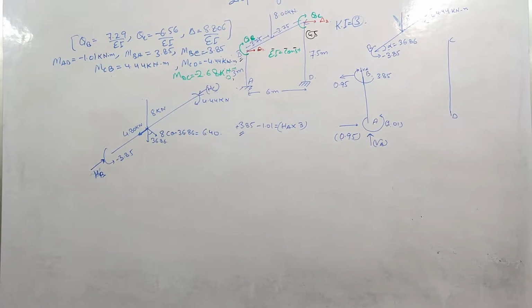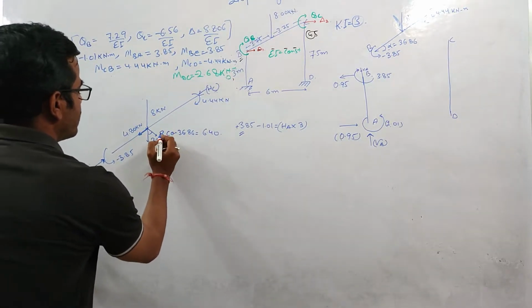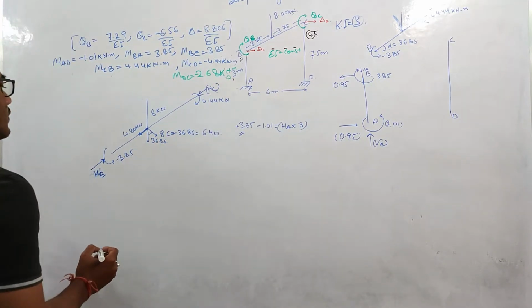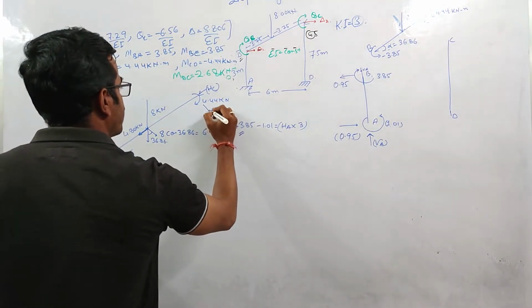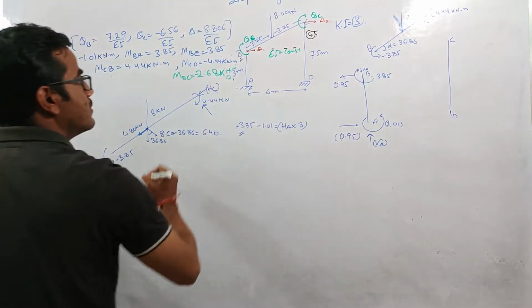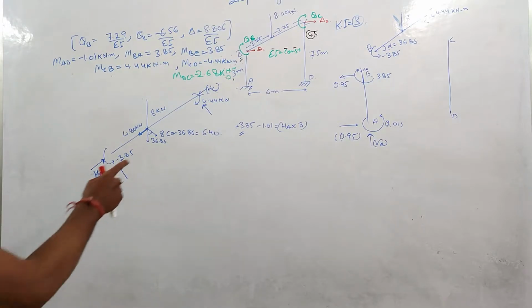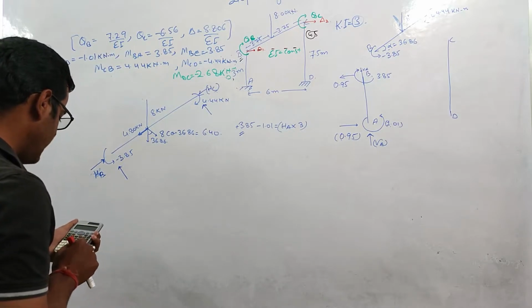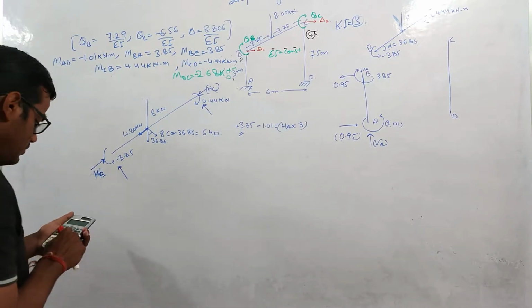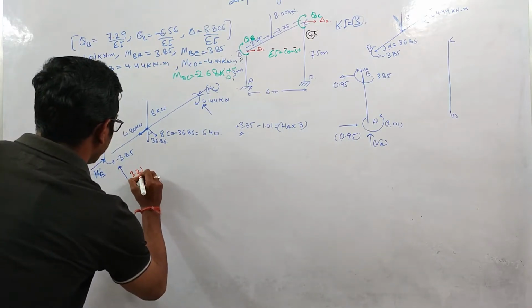Now what you can see is that due to this 8 kilonewton load, due to this component 6.40, there will be a resisting force in the upward direction, and its value will be 6.40 divided by 2, which is 3.2.